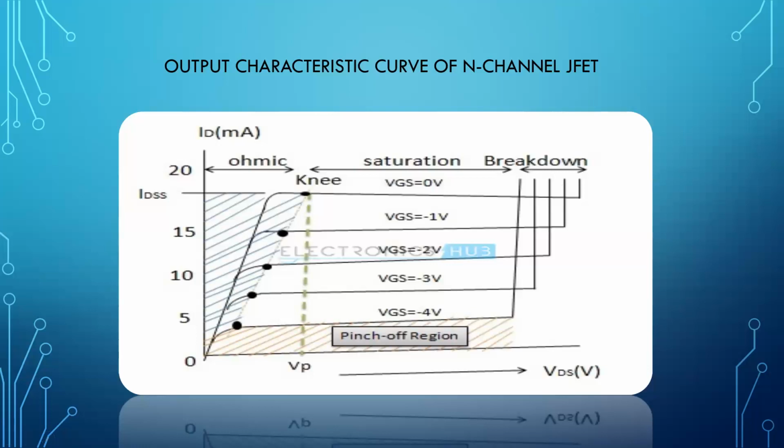We got from the graph that as the value of the gate to source voltage VGS becomes more and more negative, the value of drain current will reduce.